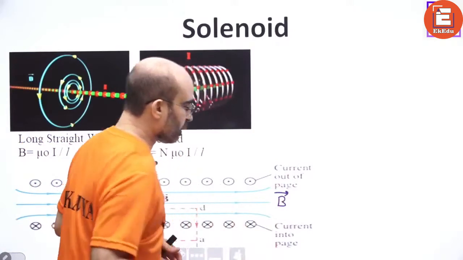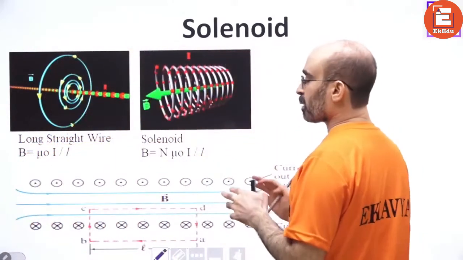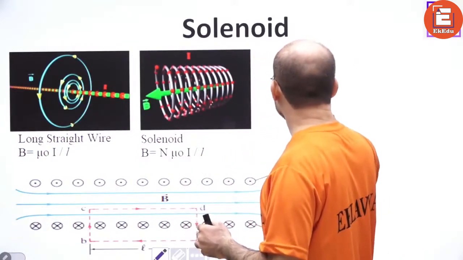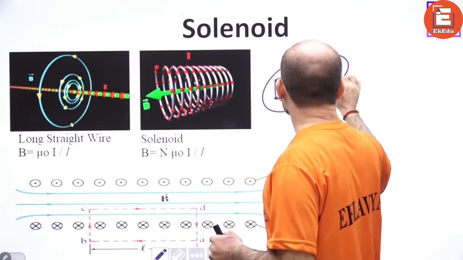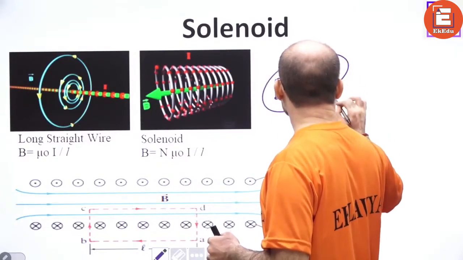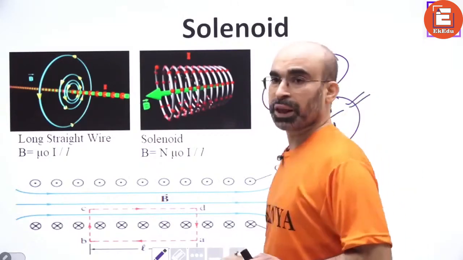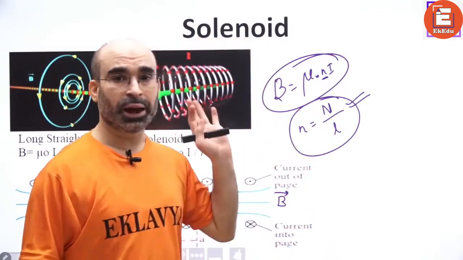So in the next session, we will derive the magnetic field due to solenoid, and that is going to be B equals mu naught n i. n is what? n is number of turns per unit length. So we will talk about this in the next session, and we will derive this for solenoid and toroid properly.